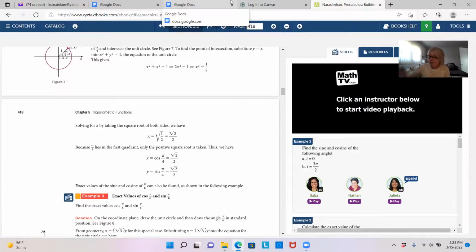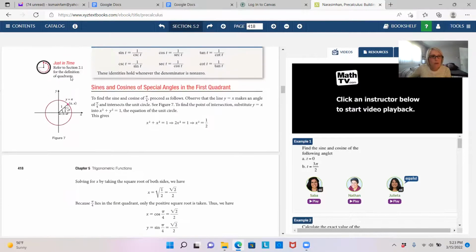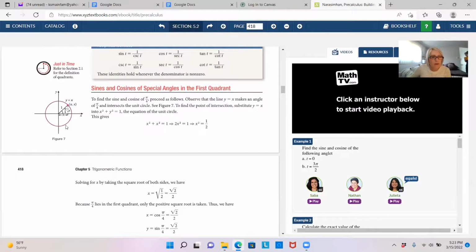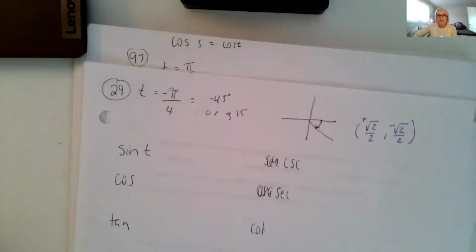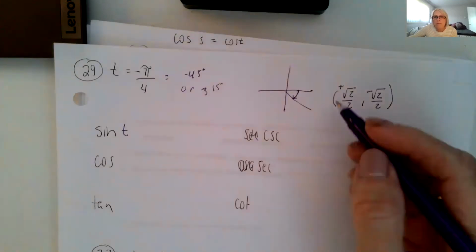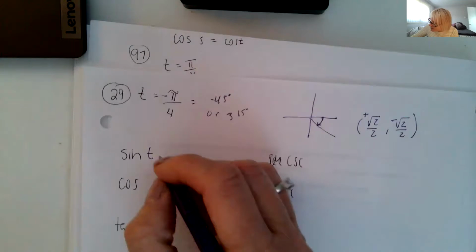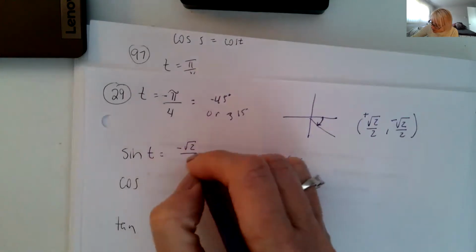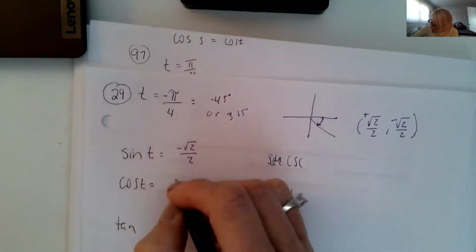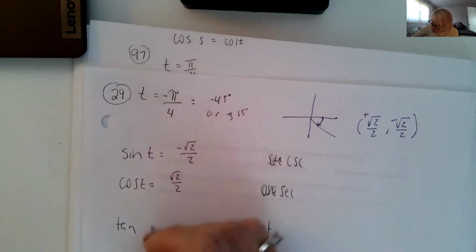But in the first quadrant, they're both positive, whereas in the fourth quadrant, cosine is positive and sine is negative. So sine of t is a negative square root of 2 over 2. Cosine of t is a positive square root of 2 over 2.